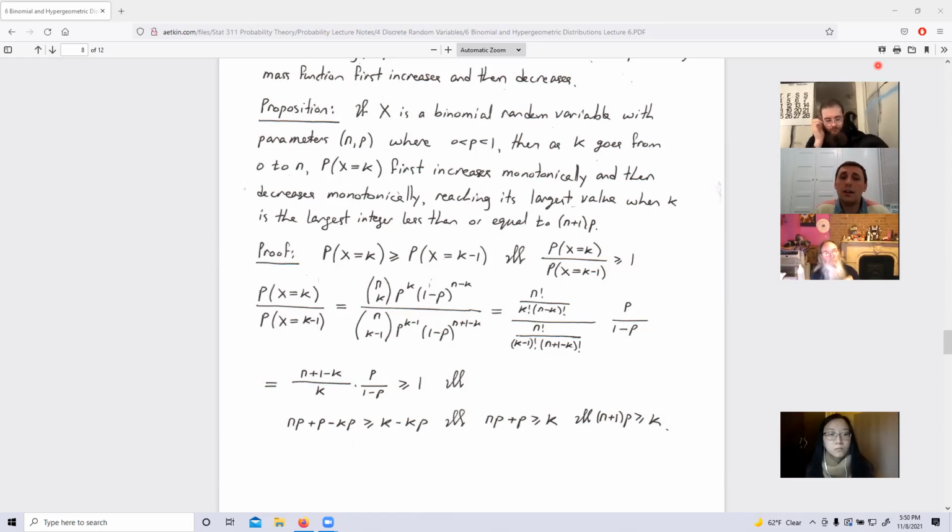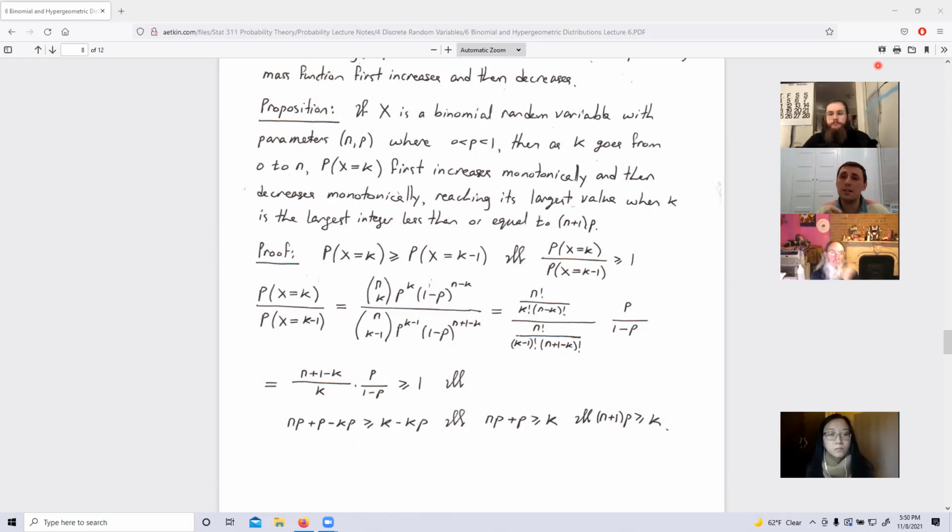So what does it mean, for instance? If you take a very simple example, probability of success 0.5 and 10 trials, what do you then have? Then you have n plus 1 is 11 times 1/2. It's 5.5. So as long as the integer is below 5.5, the probability of success will increase.